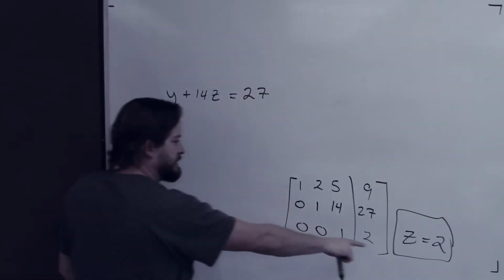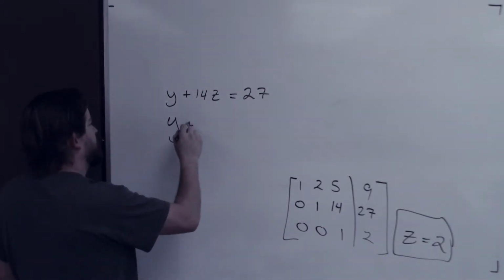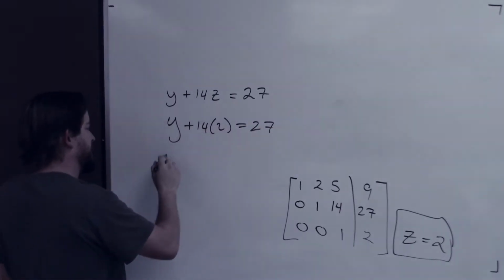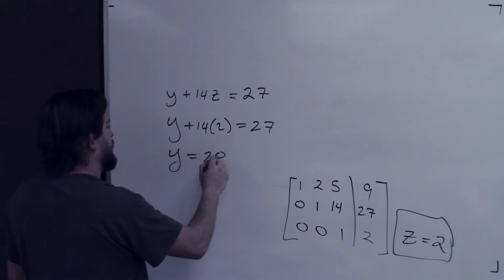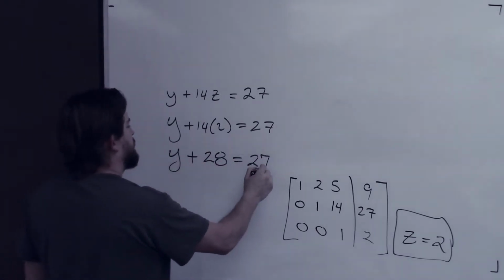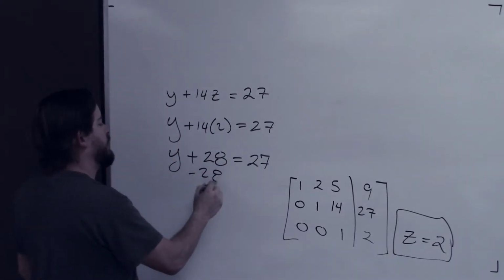But I know z is 2, so y plus 14 times 2 is equal to 27. 14 times 2 is 28. And then I just subtract 28 to solve for y.